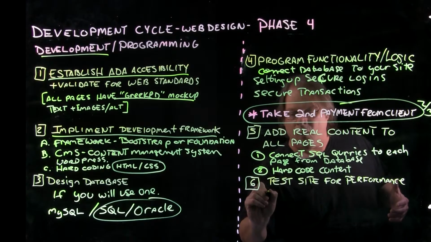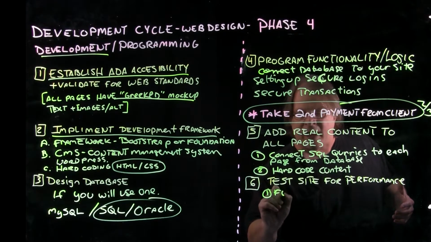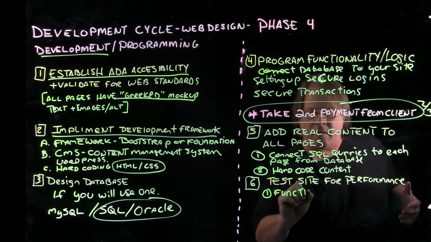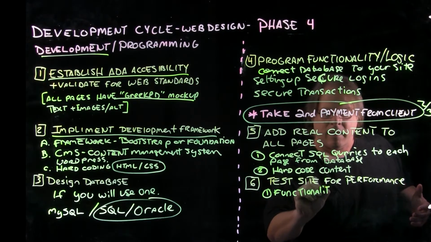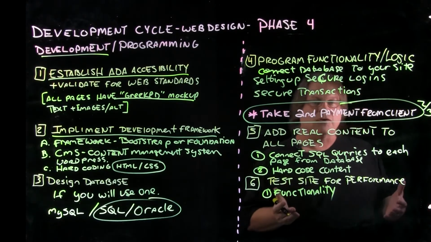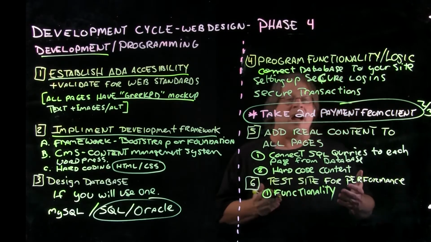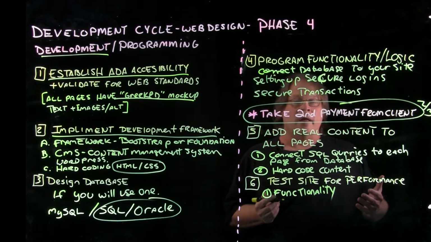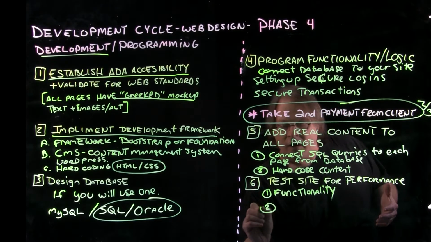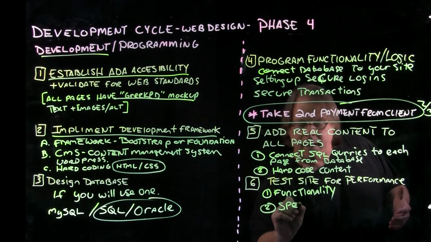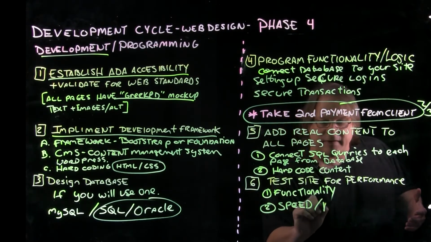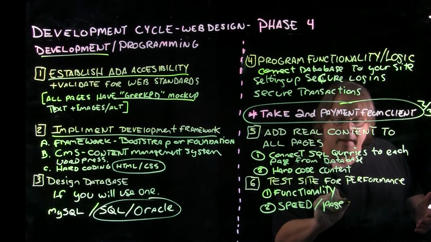You want to test for, one, functionality. Do the links work in all your navigation? Do the logic areas of your programming work? And second, you want to test on speed. It's basically page load time.